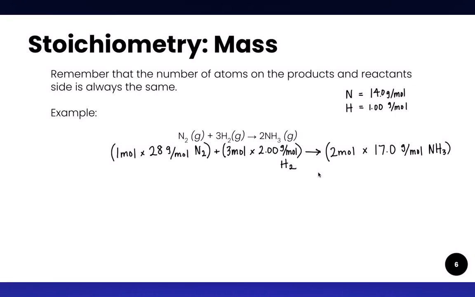Alrighty, so let's continue. Simplifying this, we have 28 grams, and that's because you see the moles cancel out. We're left with grams in all of these calculations. So we have 28 grams plus 6 grams yields 17 times 2, which is 34 grams.